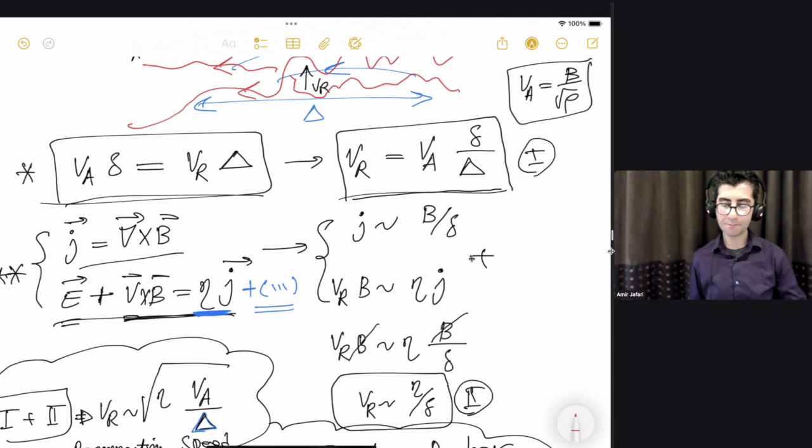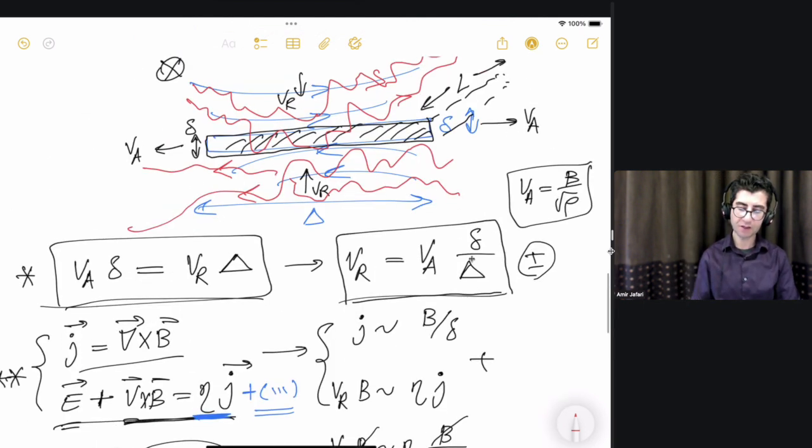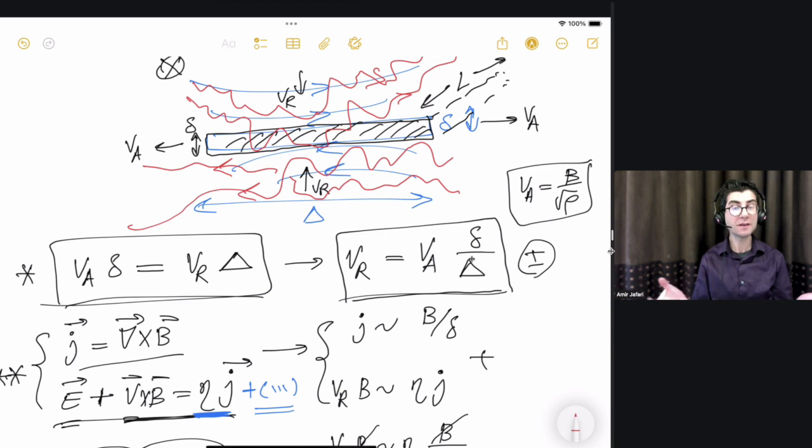So this picture shouldn't be expected to be compatible with reality. So, as I said, the next thing I'll do in this second lecture is to provide some intuitive picture, before doing any calculation, for turbulent reconnection.